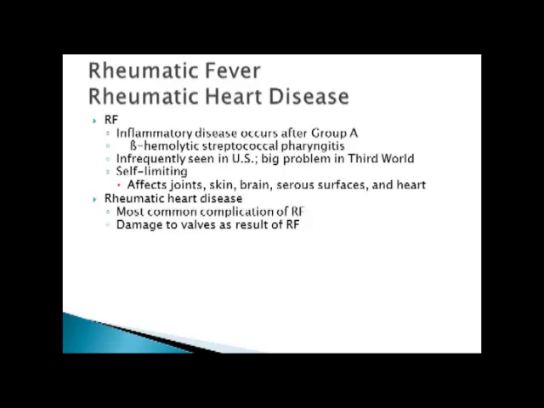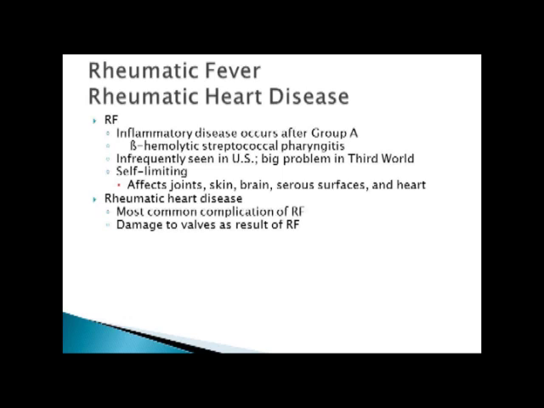Okay, besides endocarditis, another acquired disease that children get is called rheumatic fever, and rheumatic fever can become rheumatic heart disease. So with rheumatic fever, it's inflammatory, usually group A beta hemolytic strep. And so this is what we call a post-strep complication.